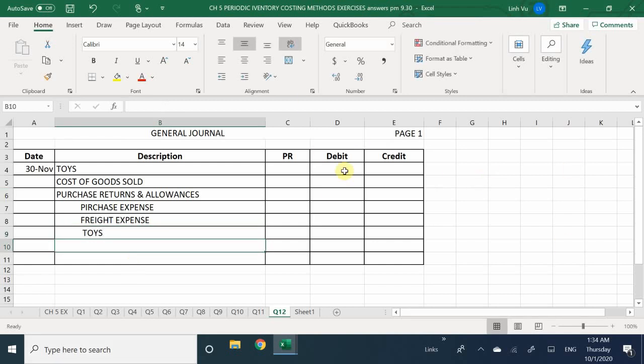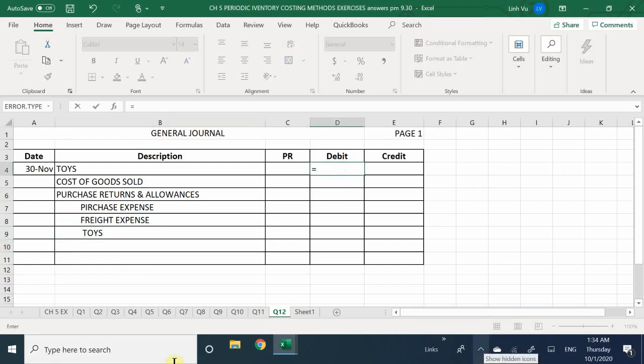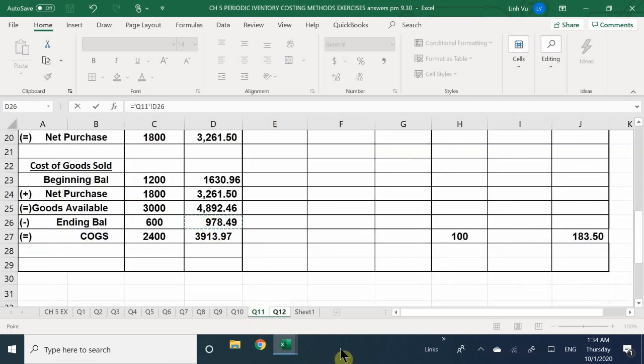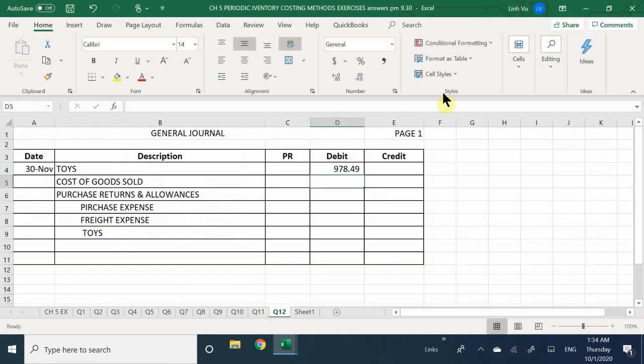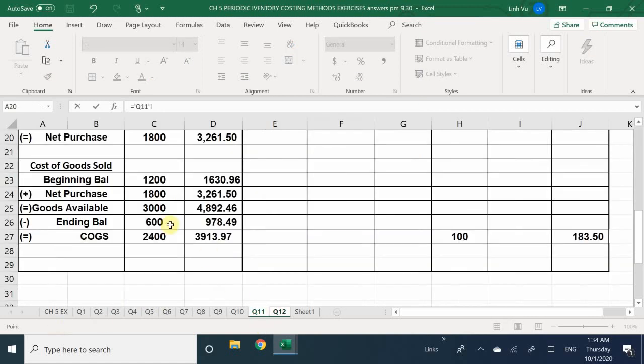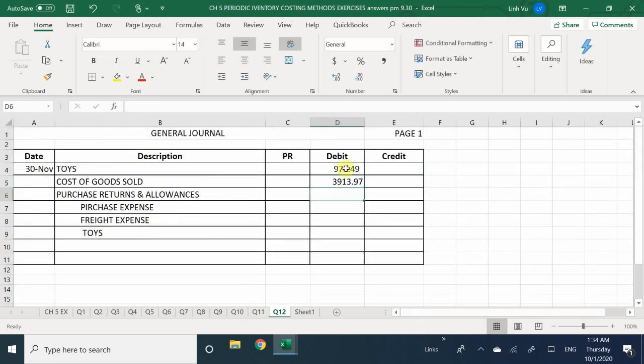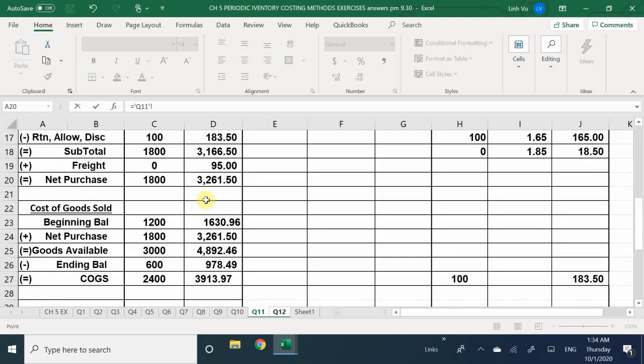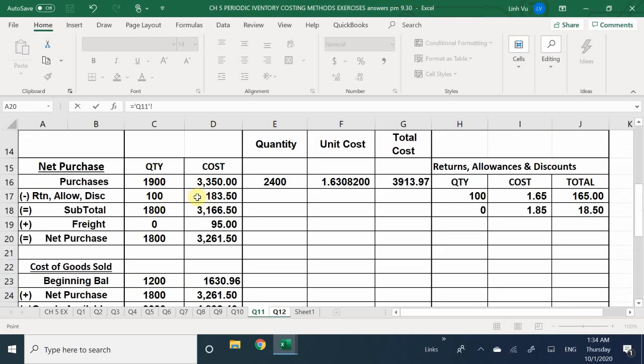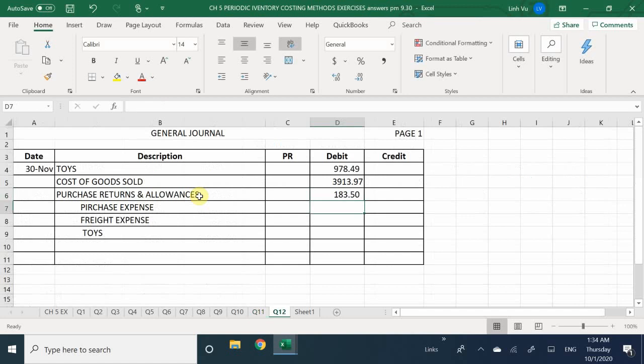Okay, so in this case, my ending balance is going to be for my 978. My total goods sold is going to be for my 3,913. My total returns is going to be for the total of 183.50.